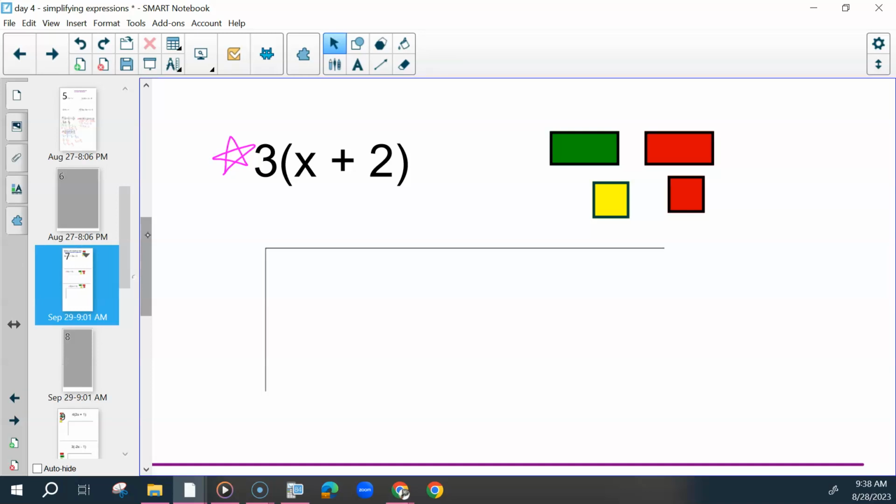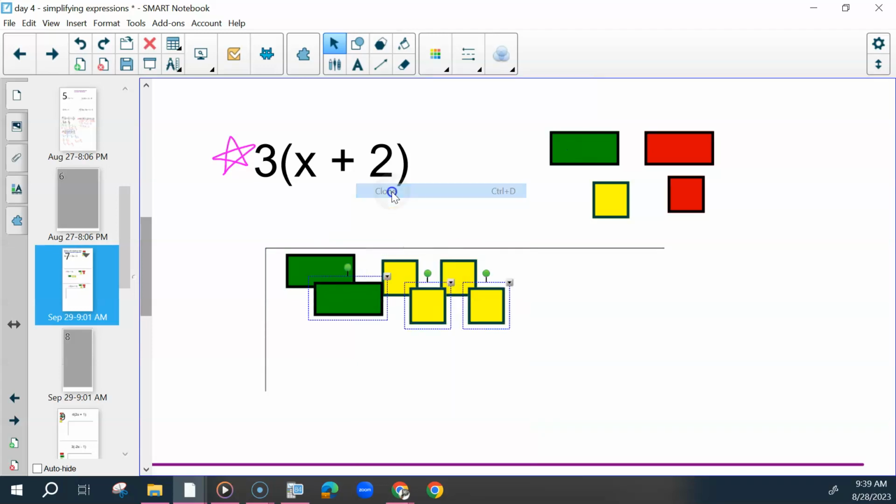If you no longer need or want to use your algebra tiles, you can put them back in your bag and put them up here. So you would model this exactly how it looks. You would take what's on the inside, x plus 2: 1x and then positive 2. But because there is a 3 on the outside, you're going to do it again and again, so that there are 3 sets of this.